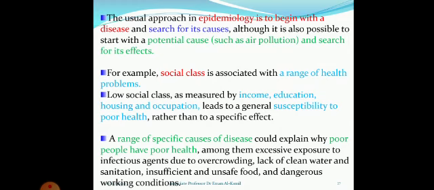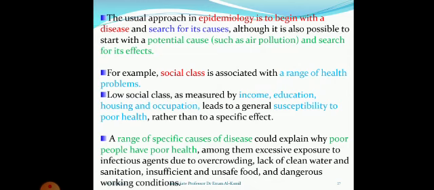Another example is that social class is associated with a range of health problems. Low social class, as measured by income, education, housing and occupation, leads to general susceptibility to poor health rather than to specific effects. So a range of specific causes of disease could explain why poor people have poor health.